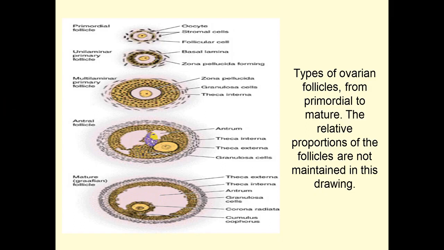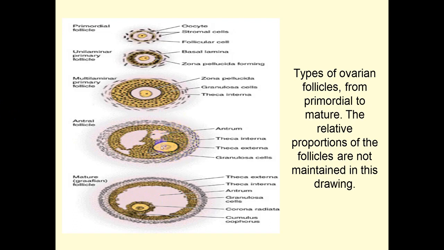and you can see that this ovum with 3 tunics is pushed to the periphery and forms the cumulus oophorus.